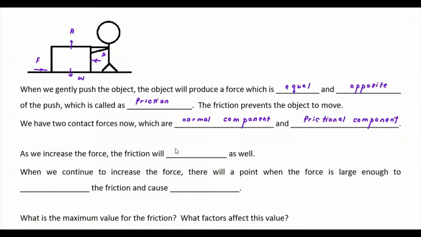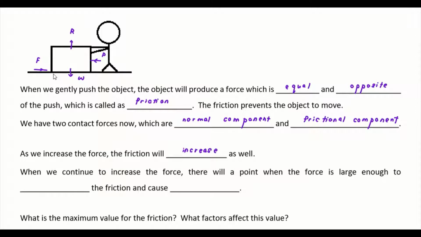Okay, so you can imagine if we try to push it lightly, and after that we try to increase the force, because of Newton's third law of motion, the friction here will actually increase together with the force, right? For example, when I apply 1 Newton of force, my friction will be 1 Newton. When I apply 3 Newton, the friction will be 3 Newton as well.